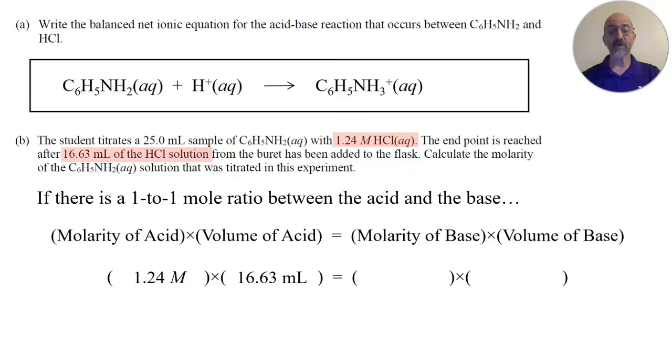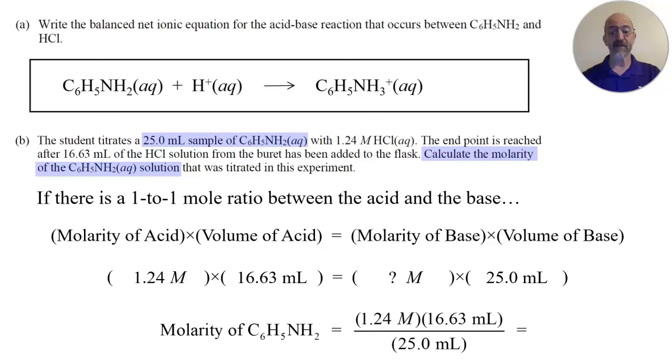All right, what's my molarity of my base? I don't know yet. What's my volume of my base? 25 milliliters. Now, if I pick up my calculator, it would be 1.24 times 16.63 divided by 25, and yes, I get the same answer either way. So we now have answered part A and part B. Let's move on to part C of this question.